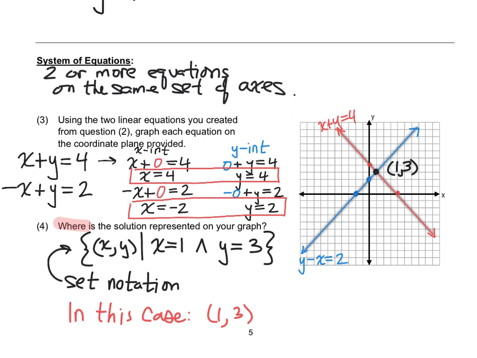All right, so two or more equations graphed on the same set of axes. Not necessarily graphed, but in this case, we're graphing them. All right, so that's all it means. Just because you have a system doesn't mean you're necessarily looking for the solution to the system.